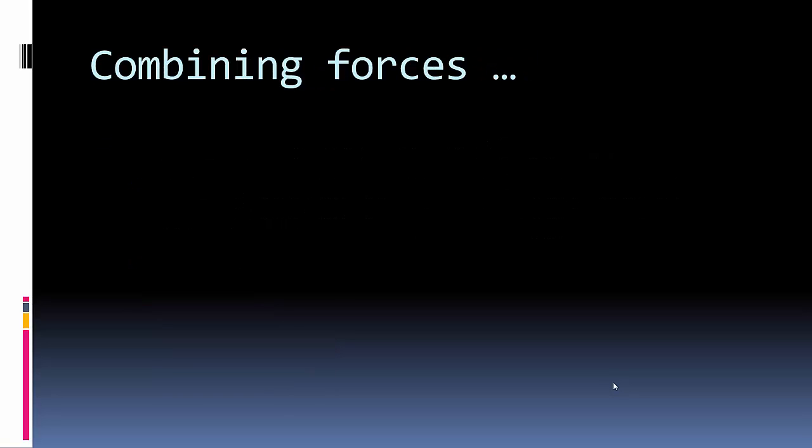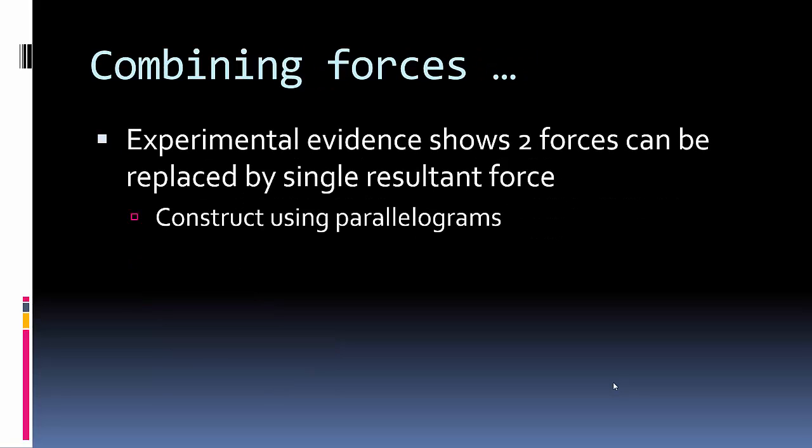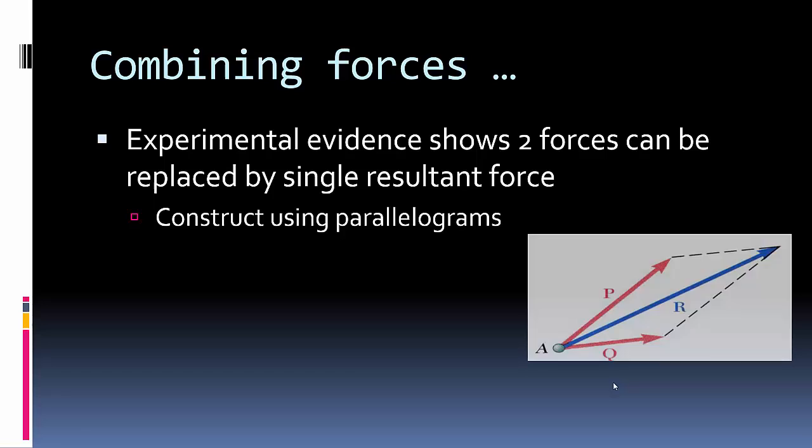Okay, combining forces. Experimental evidence has shown us that two forces can be replaced by a single resultant force using parallelograms. So what does this mean? Well, you have this force P and this force Q. You'll notice that it's a force in a direction and a different force in a different direction.